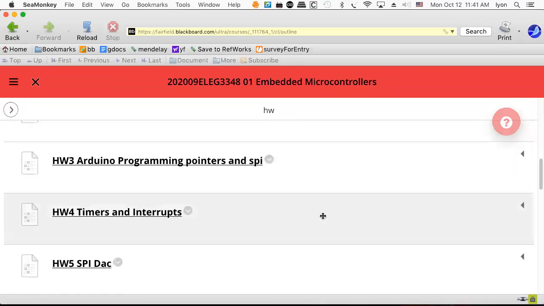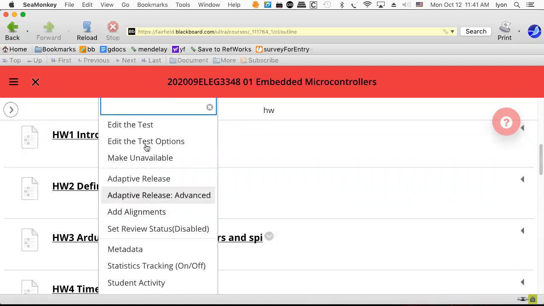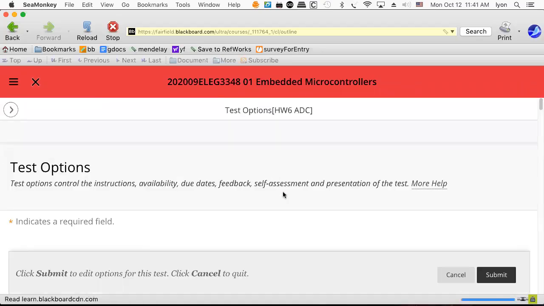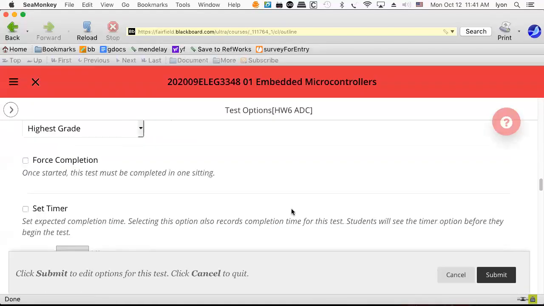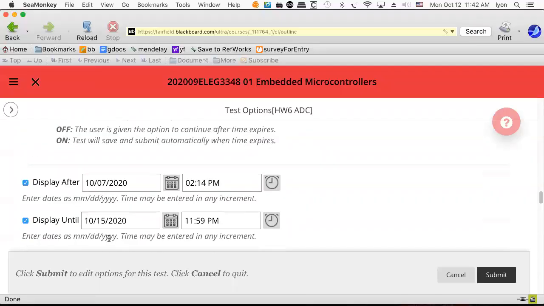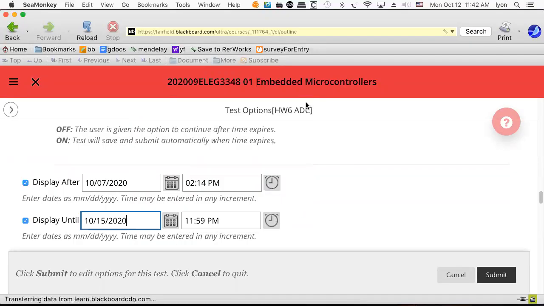And here is homework number 6, and that's on the ADC. So we kind of reviewed the ADC a little bit again just now. And I think it says it's due the 15th, which is, well, today's the 12th. So that's got to be Wednesday, right? No, Thursday. Thursday, end of day.